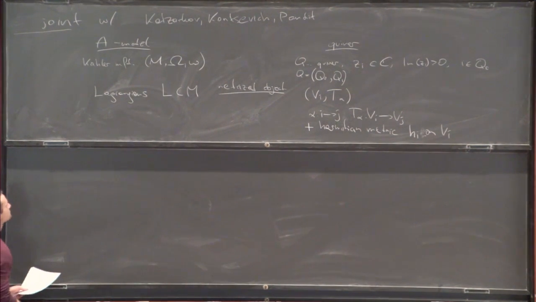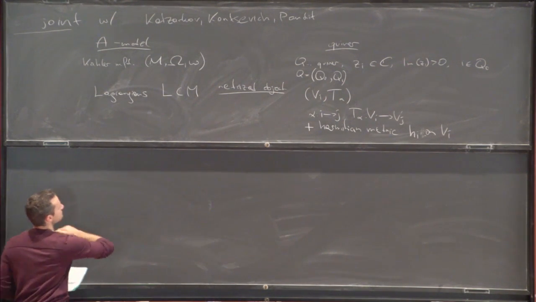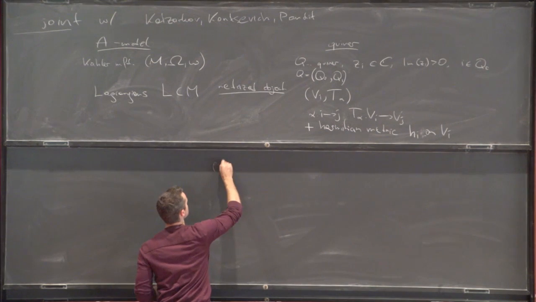Where the Kähler geometry comes in is that I have a Kähler potential, which turns out to be complex valued.